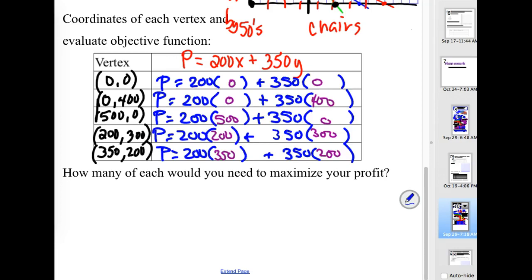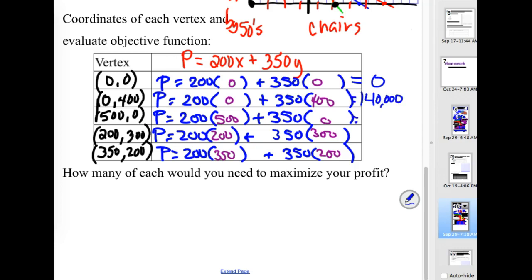Okay, so we filled in our chart. We said if we make no chairs and sofas, we make no profit. If we make 0 chairs but 400 sofas, what did we come up with? 140,000? Okay.